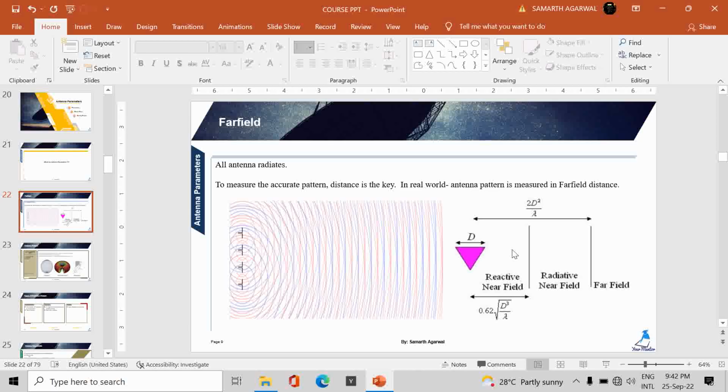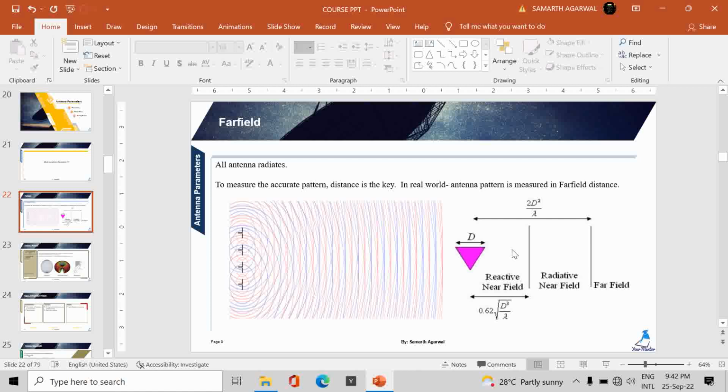Okay, on the right side, the pink colored triangle is nothing but an antenna. Then what will be the distance if its linear dimension is capital D?